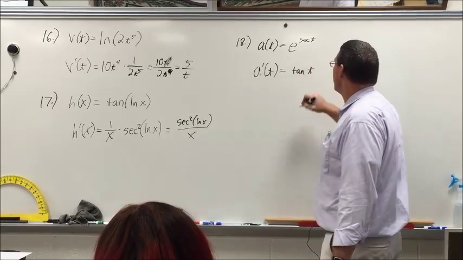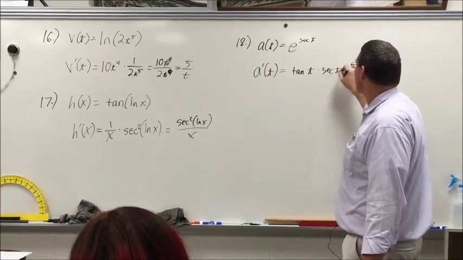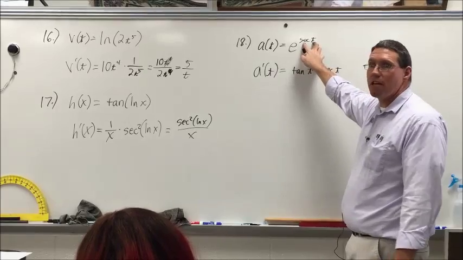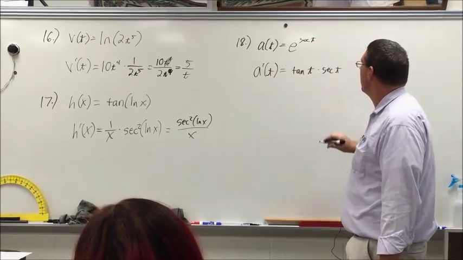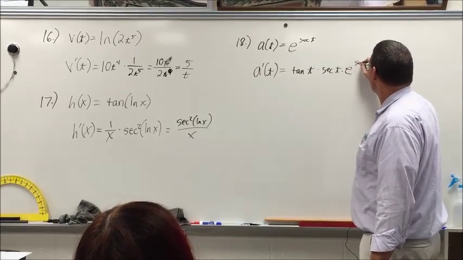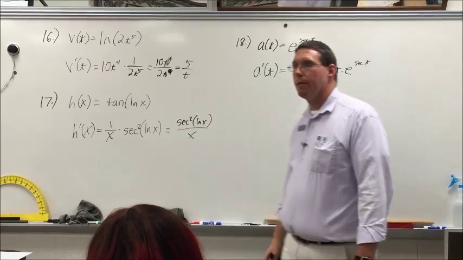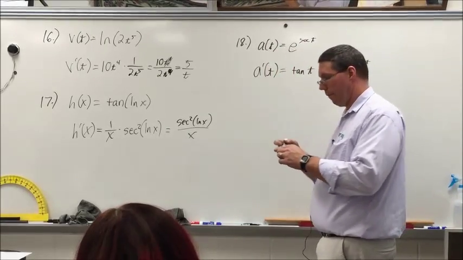Let's use t though. Tangent of t times secant of t. This is the derivative of secant. So the derivative of the inside function is tangent secant times e to the secant of t. Done.